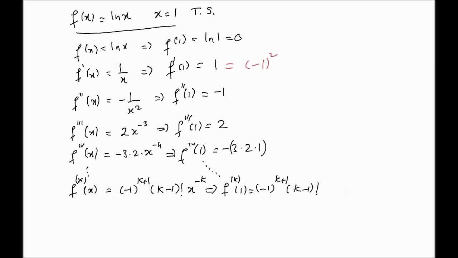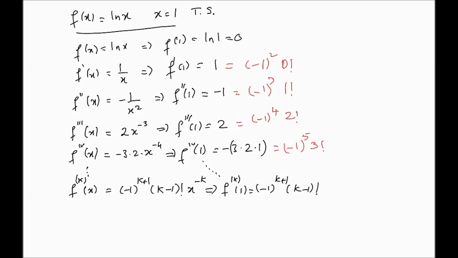So it's positive and it's 0 factorial. That's the same as minus 1 cubed, and this would be 1 factorial. That's the same as minus 1 to the 4 gives me a positive number into 2 factorial. That's the same as minus 1 to the 5 gives me a negative sign into 3 factorial, and so on.